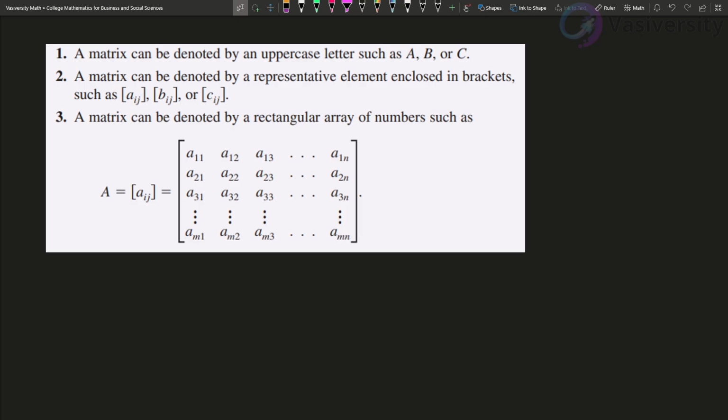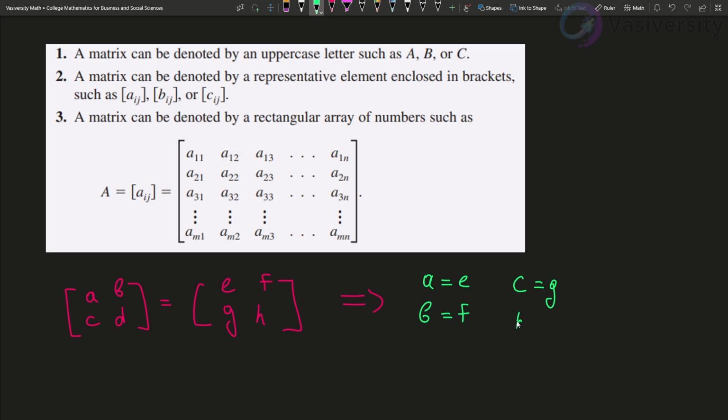In order for a square matrix A, B, C, D to be equal to a matrix E, F, G, H, that will only happen if and only if A is equal to E, B is equal to F, C is equal to G, and D is equal to H. That's when it happens. So this is very, very important.